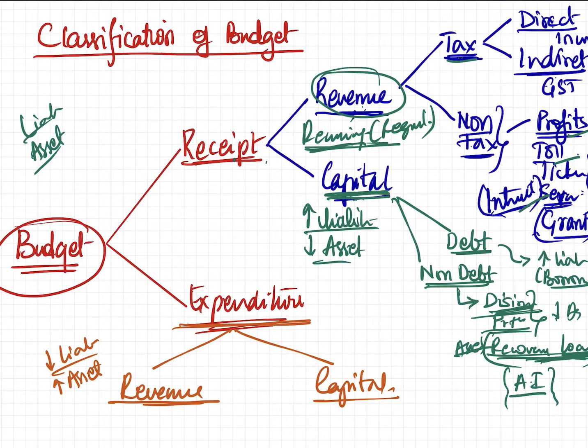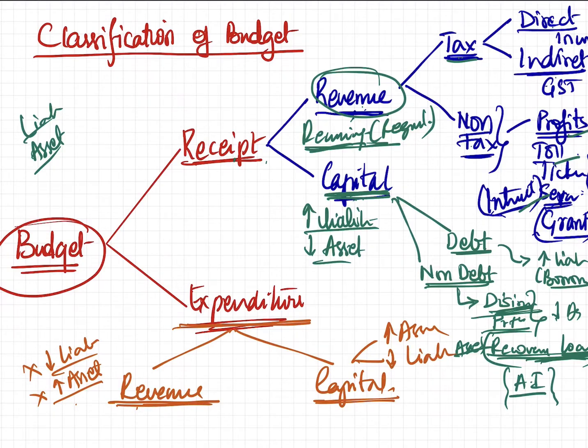Anything which does not reduce the liability or increase the asset is known as your revenue expenditure. Capital expenditure is anything which increases the asset or which reduces the liability.